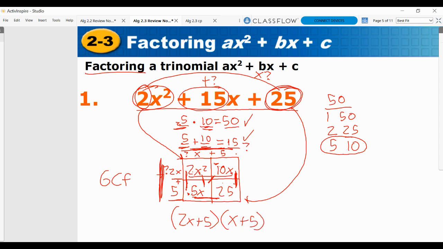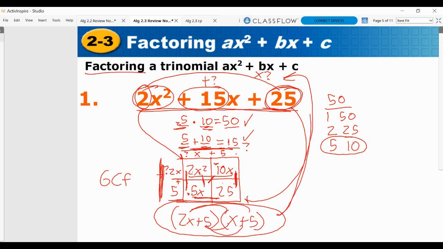All right, so that is our answer to this problem. This is what got multiplied together to make this answer up here, this 2x squared plus 15x plus 25. All right, if you do your foiling, you could check it and it would work out. It would give you exactly that answer right there.